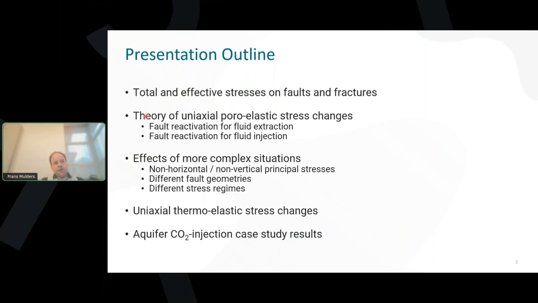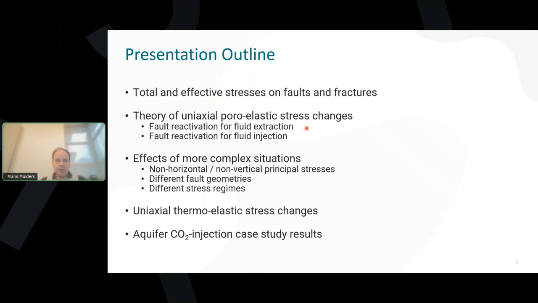I'm going to go into a bit of theory of uniaxial poroelastic stress changes and how that affects fault stability when you extract fluids, and then I will step towards what that means when you inject fluids, and I will talk a lot about stress path factors in this context.